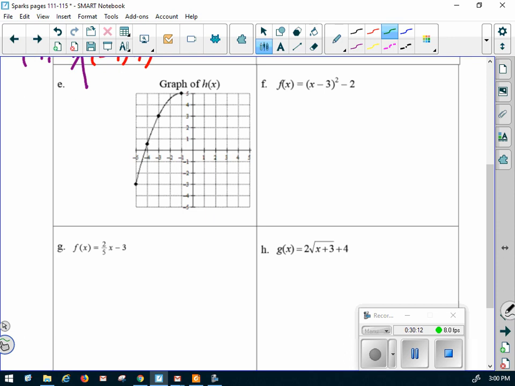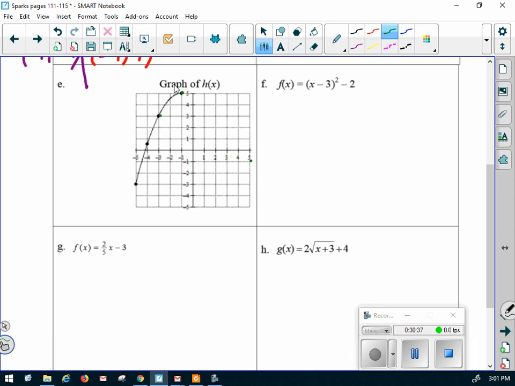Now, we're going to graph the inverse. Let's see if we can do this in our head. What are the coordinates of this point right here? So what point's on the inverse? 5, negative 1. What point is this?